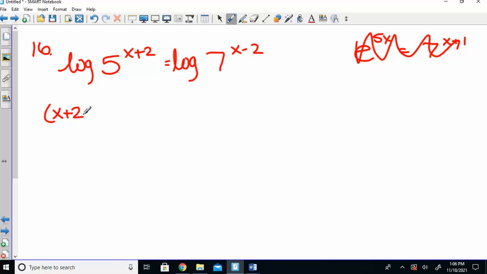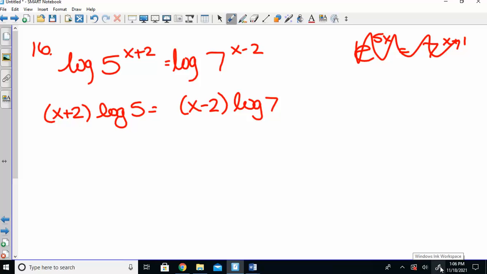So then your exponents come down. And then what do you have to do? You have to get all of the things up there. First, we have to distribute.